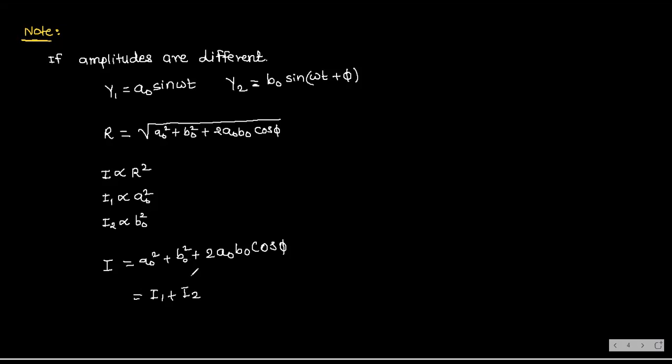Okay. I1 plus I2 plus 2 root I1 root I2 cos of phi. This is what your intensity I is in this case. Okay, right? Next, let's move ahead.